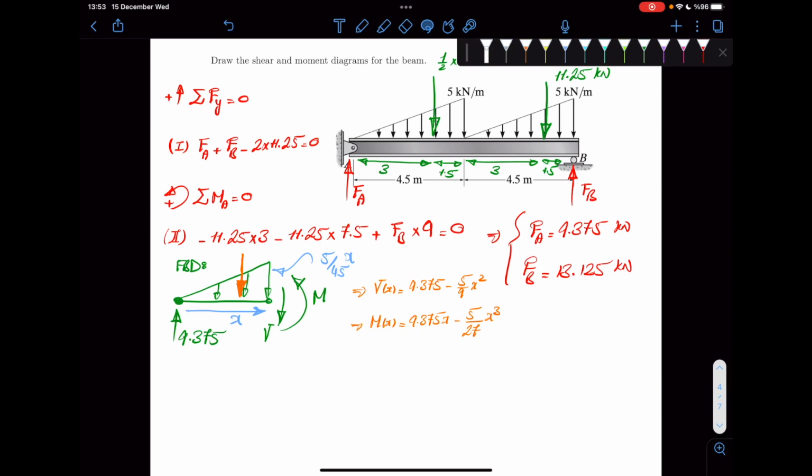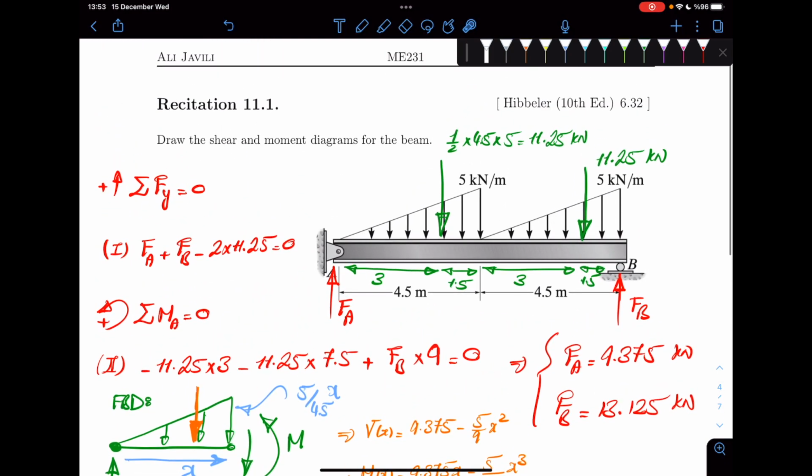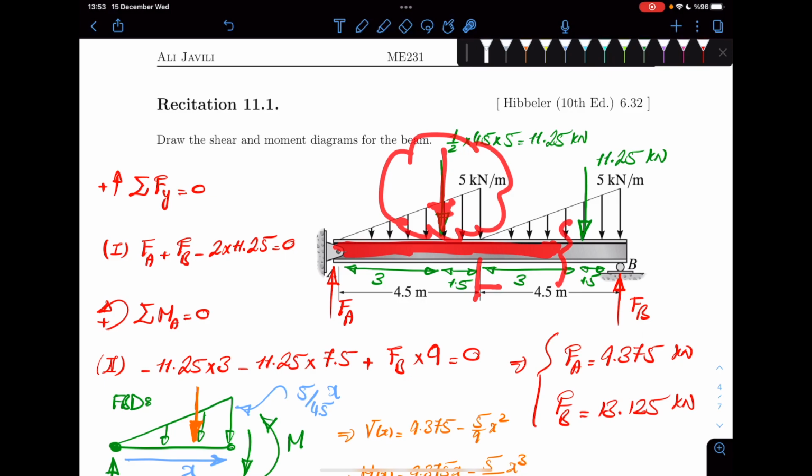What we want to do now is to repeat the same procedure, but we will cut it somewhere here. If you cut it somewhere here, then this would be your beam. For this one, you can use the concentrated replacement for the first distribution, because this won't change after this point, that is just a constant thing.